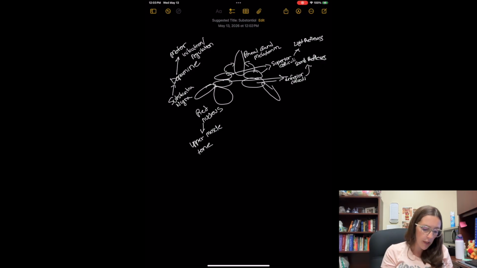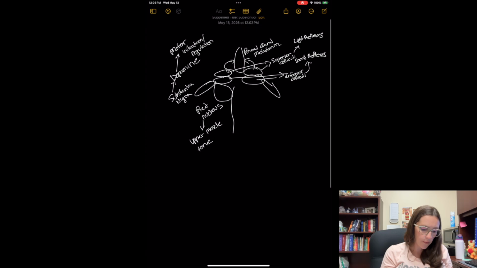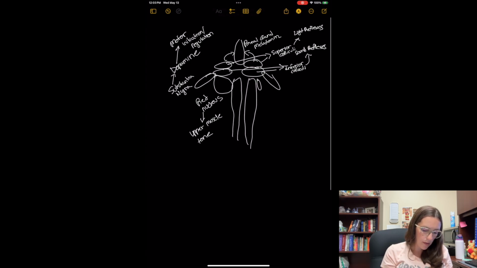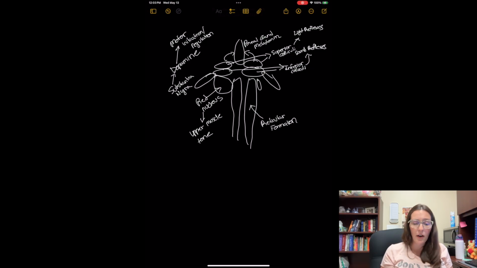We still see the reticular formation here. And the reticular formation actually developed here first. So it's going to be doing a lot of the heavy lifting here of essentially the motor aspect of our consciousness.